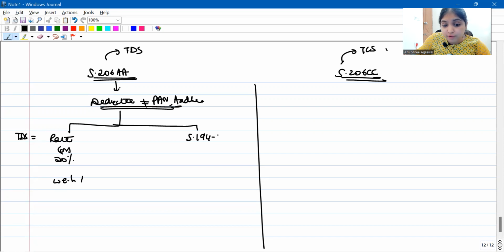But if it is section 194O or section 194Q, then the TDS rate will be whatever is the rate applicable in these 2 sections or 5%, whichever is higher.